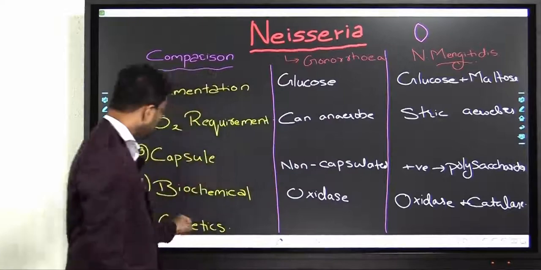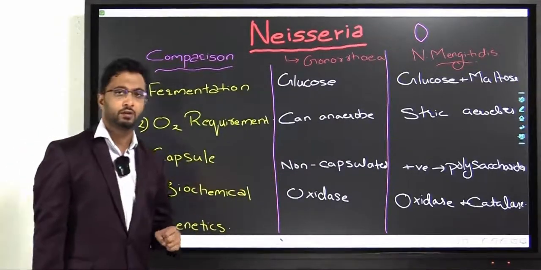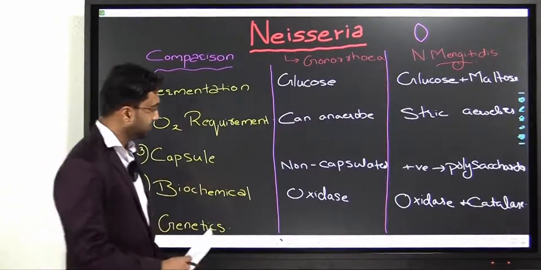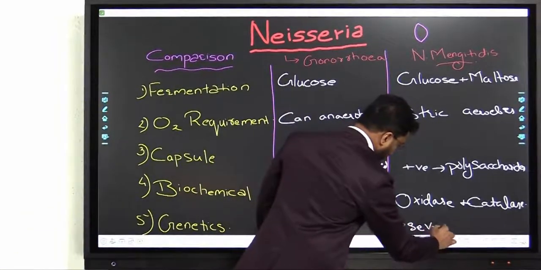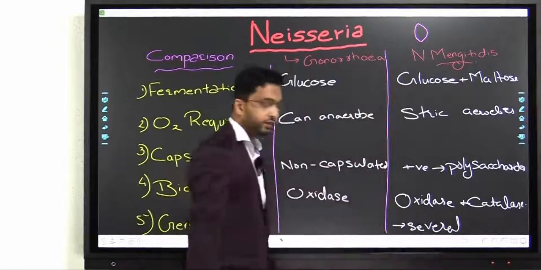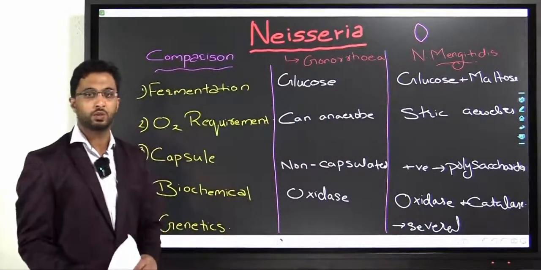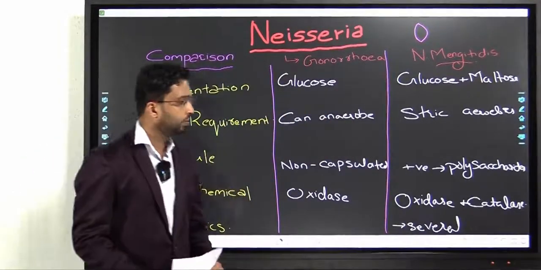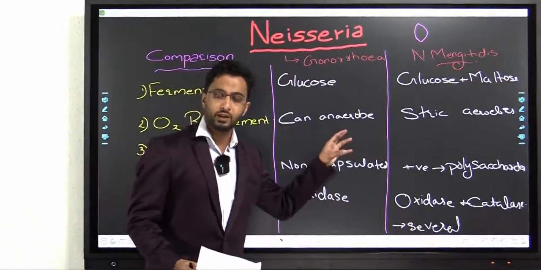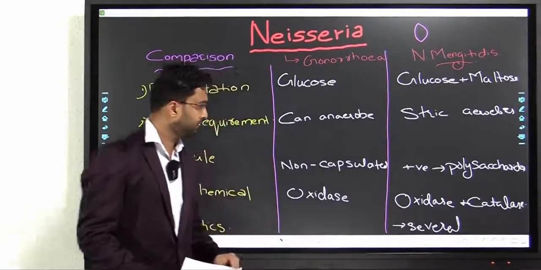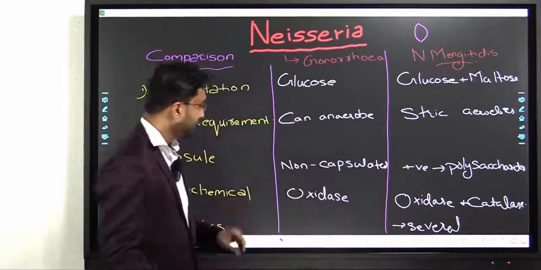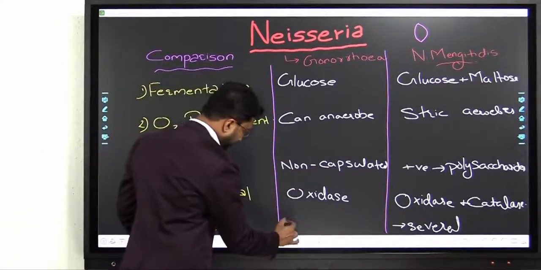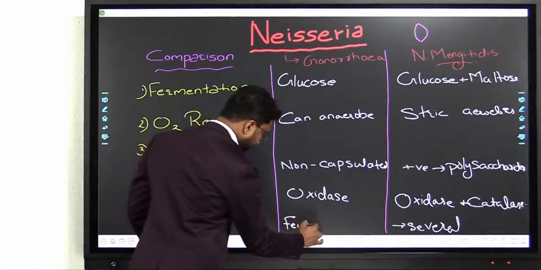Now what about genetics? Gonorrhoeae contains lots of plasmids, several plasmids, including those which code for resistance, and this resistance is a much bigger problem on this side than this side. Meningitidis contains fewer plasmids.